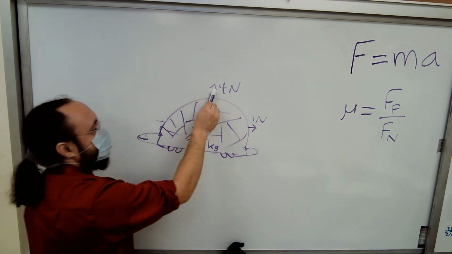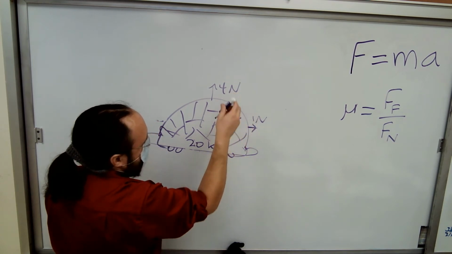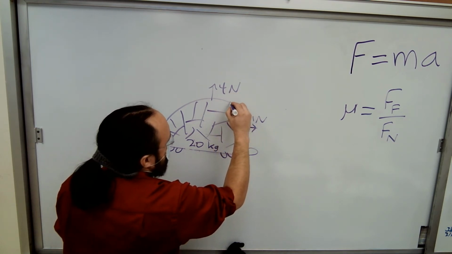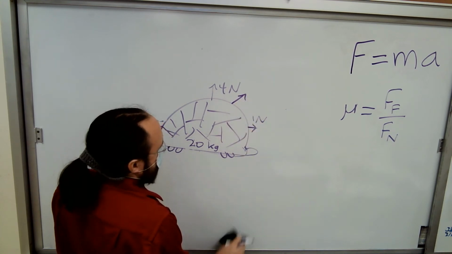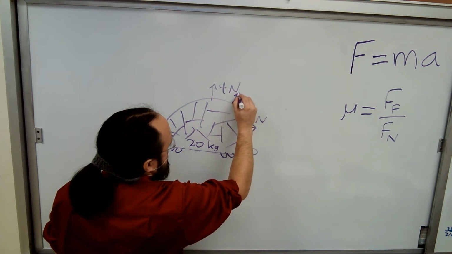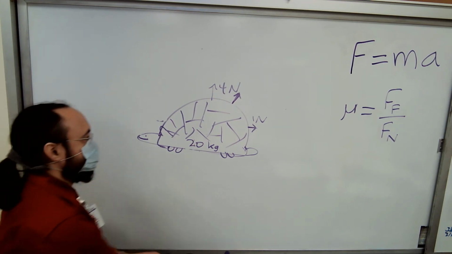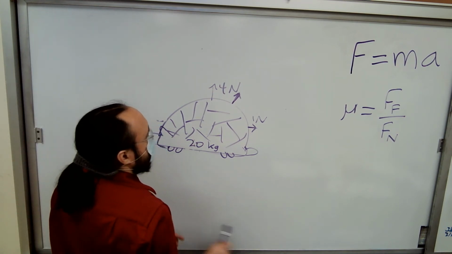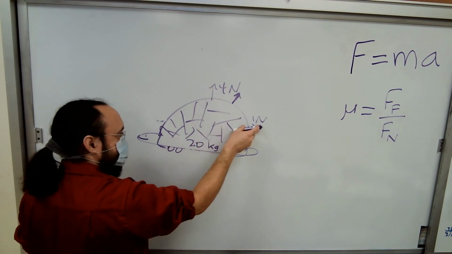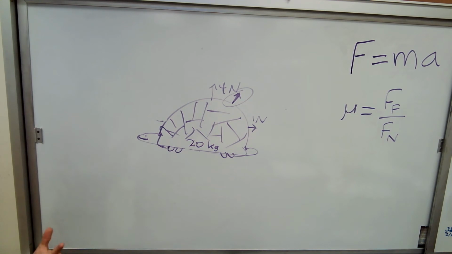If it's going 4 times more this way than this way, we could divide this into fourths, and then it would go about like that, maybe? You think that's the direction it would go? That's what it's asking you to do on a couple of these, where you've got a net force this way and a net force this way, and you draw an arrow in the direction you think the object will move. That's what I did there.